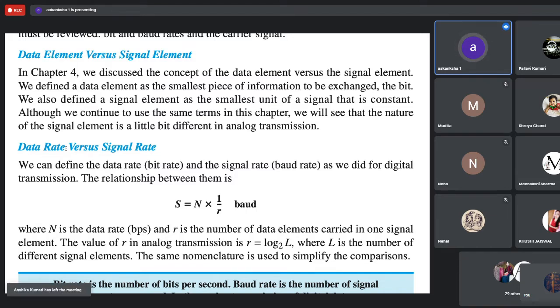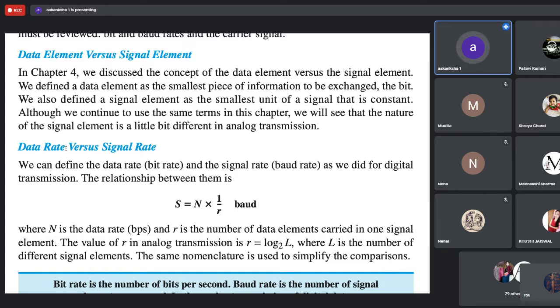Now suppose one signal element is one cycle of a sine wave. In one cycle of the sine wave, how many data elements or bits are being transmitted, that is R. Sorry, R is the number of data elements carried in one signal element.